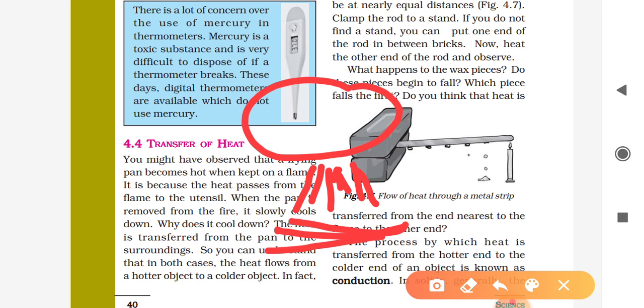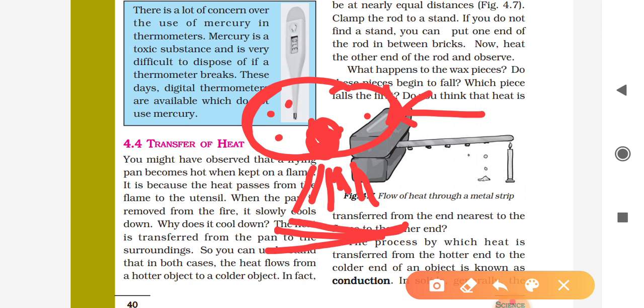You will feel heat when it starts, and after some time slowly heat will progress to the end point of the frying pan. That means up to this level heat will come.